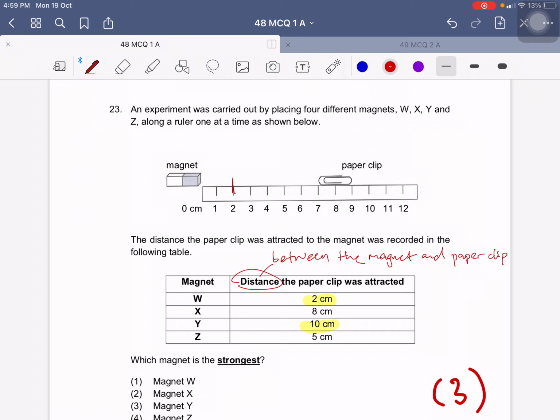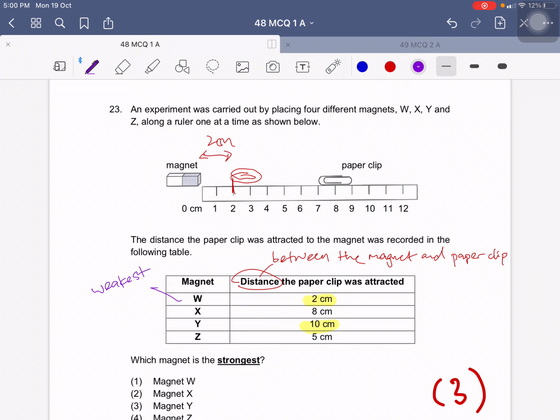Alright, so if you look at W, it says 2 cm. That means they actually move the paperclip closer to the magnet. So the paperclip will be here. So this is 2 cm. So you can see that the magnet can attract the paperclip only when it's so near. So we can say that W is the weakest magnet.